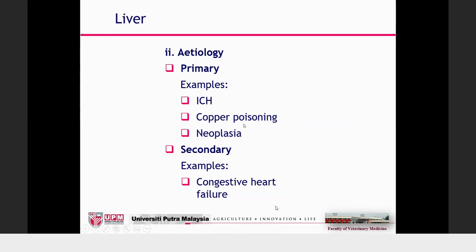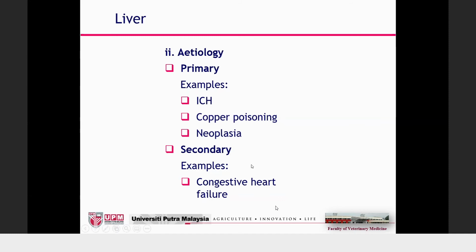Copper poisoning, which is non-infectious, is where copper accumulates in the liver, and in the long run leads to hepatic necrosis as well as lysis of RBC. Of course, there are quite a number of primary neoplasias in the liver that lead to death of the animal.